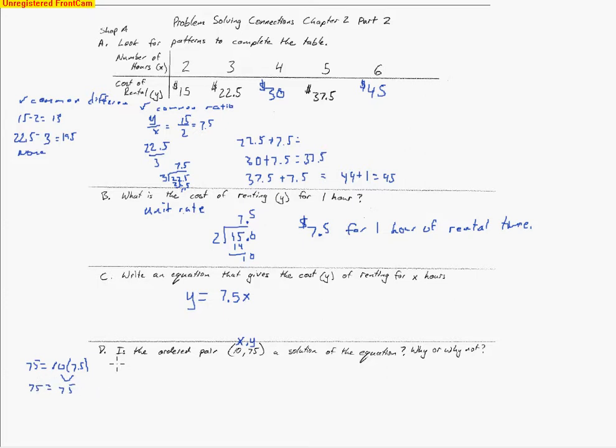So what we'd say is yes, (10, 75) is a solution of the equation. And then we'll write out what that equation is. y equals 7.5x.